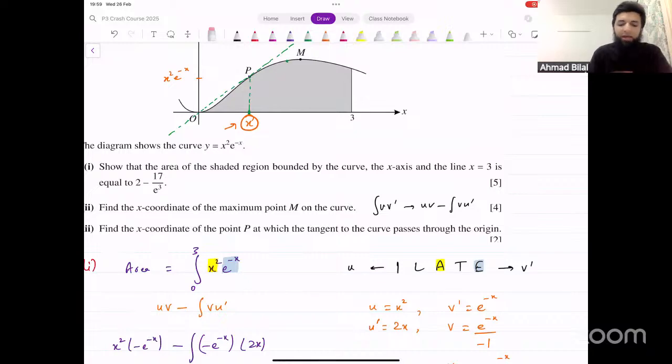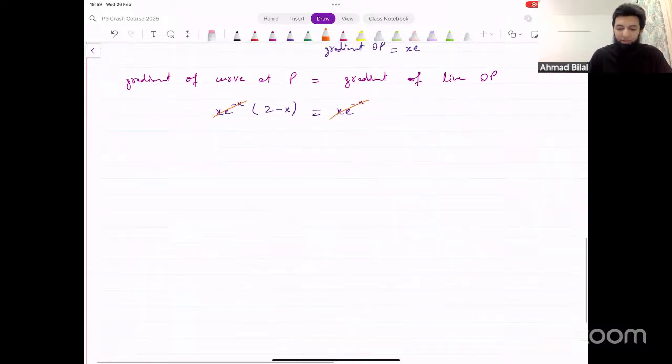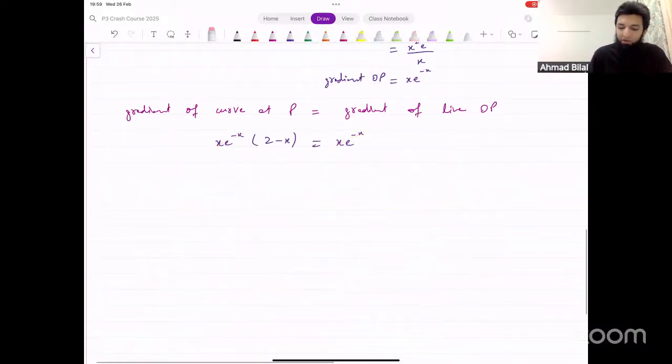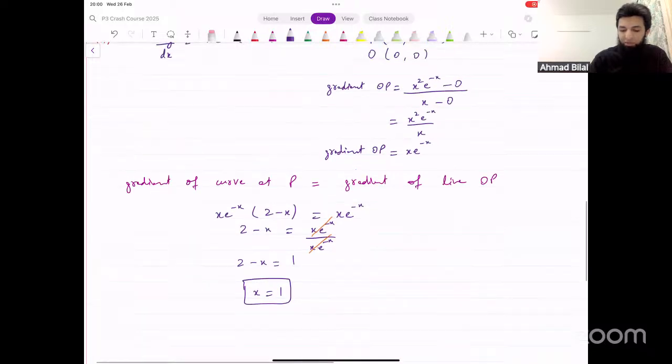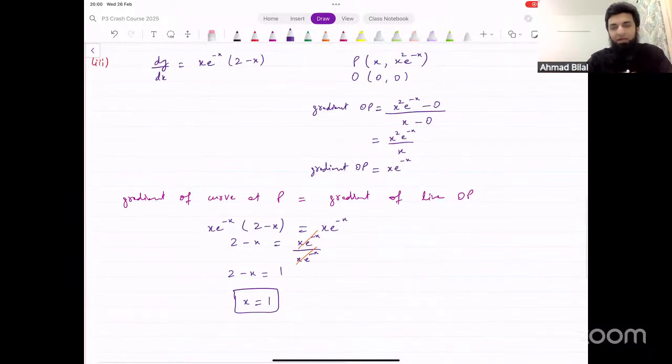So it's okay to divide by x in this case, because we know the x that we are looking for is not 0. So I can just divide on the other side and everything gets cancelled out. So 2 minus x equals x e power minus x divided by x e power minus x. These two get cancelled. What are we left with? 2 minus x equals 1. And that gives us x equals 1. At that point P, the x coordinate is supposed to be 1.